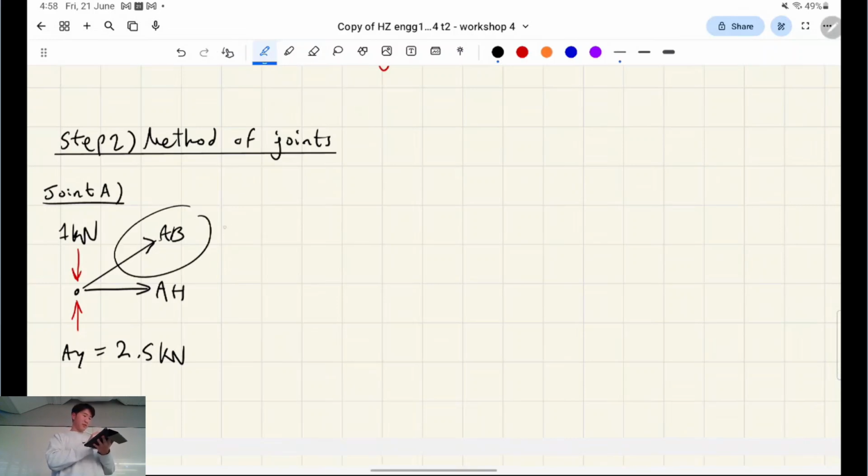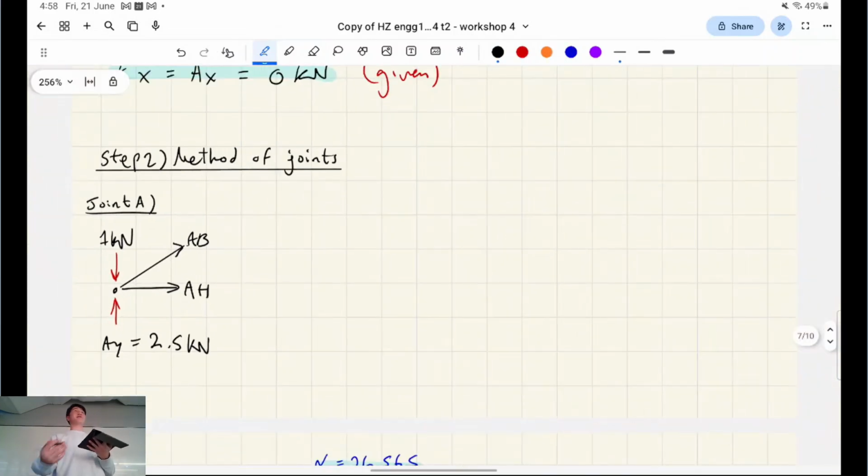So pointing away from the node. And if you get a negative number, it's actually in compression. And stick with that system throughout, right? Even if it's in compression, keep it as a negative number. Otherwise, you're going to start flipping double negatives and making mistakes. I'll show you what I mean as we keep going through this question, yeah? Okay.